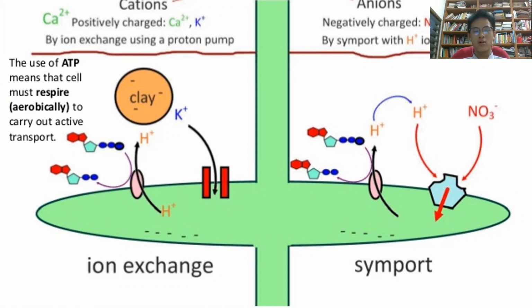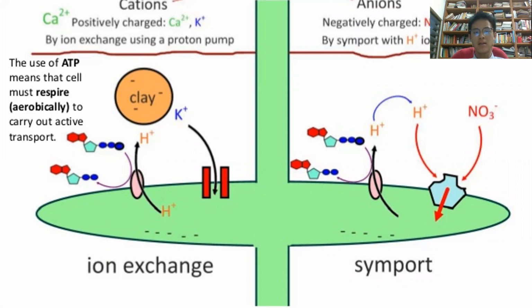Therefore, in order to achieve equilibrium, those positively charged ions will flow through the carrier protein into the root hair cell. Meanwhile, while those positive ions flow into the root hair cell, negative ions such as nitrates or phosphates will follow the positive ions into the root hair cell.